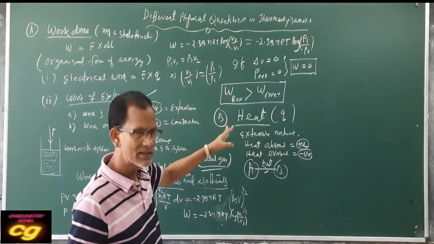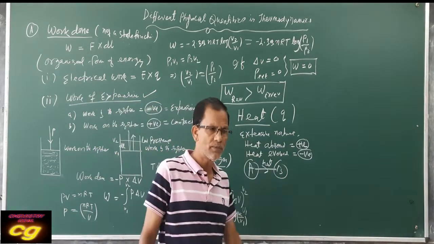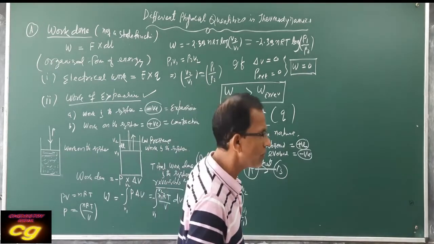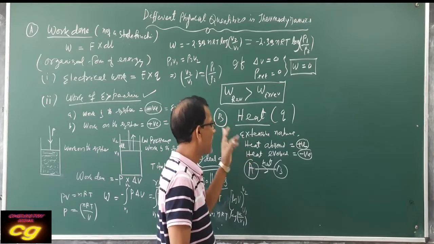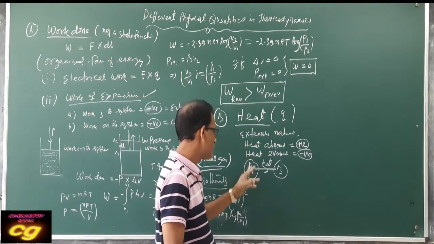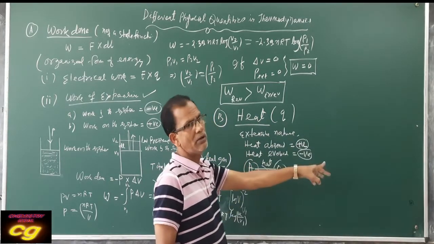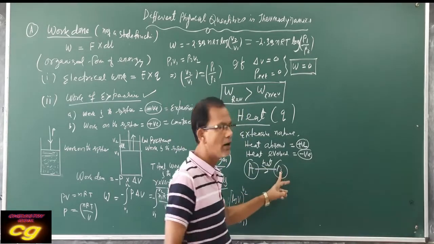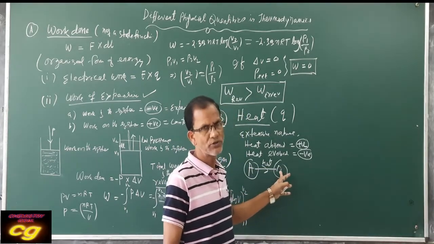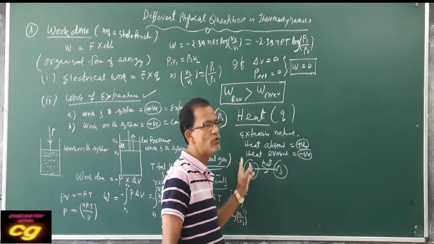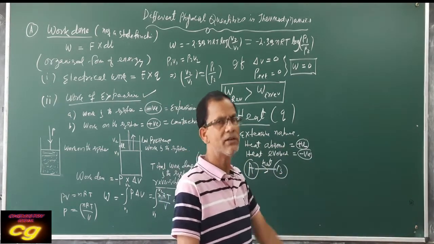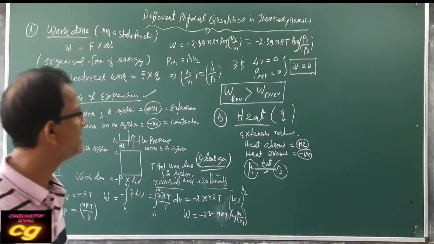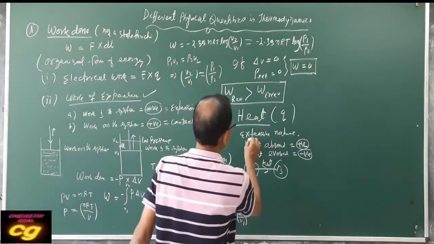It indicates the difference of temperature between the system and surrounding, or between two systems. So heat is transferred from the system of higher temperature to the surrounding of lower temperature. Heat is also an extensive property.